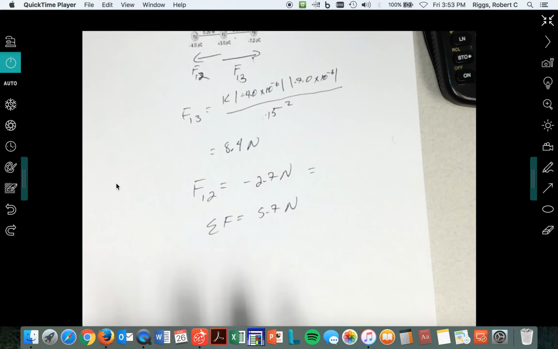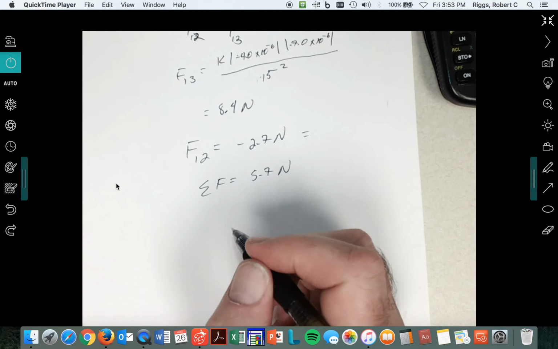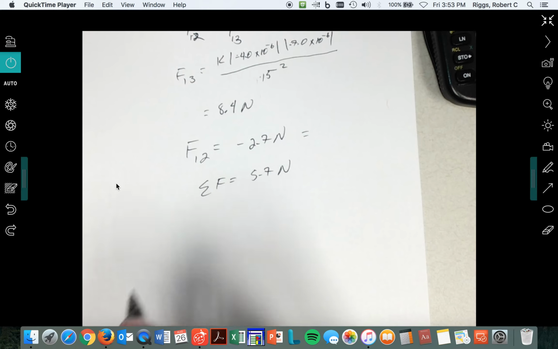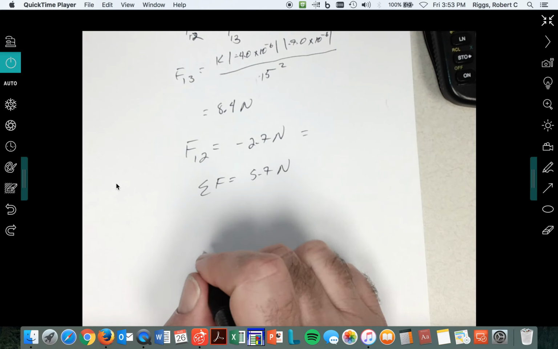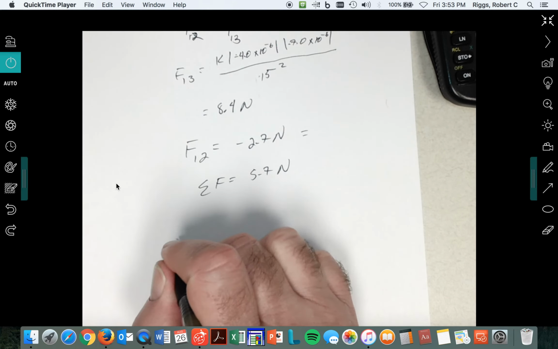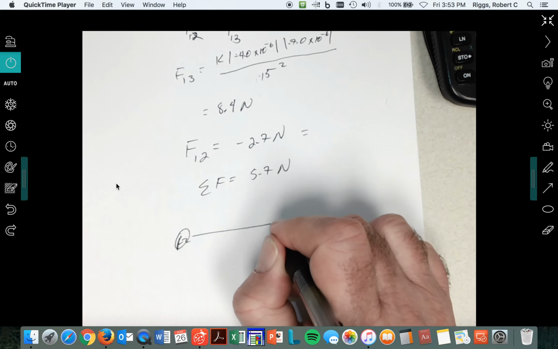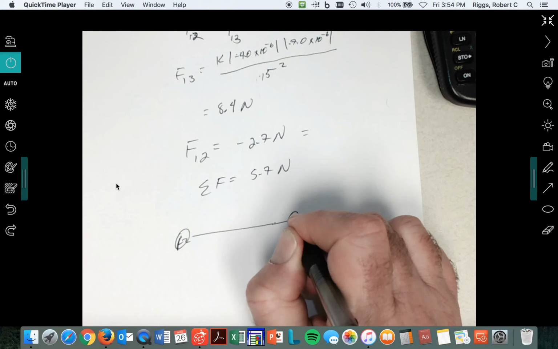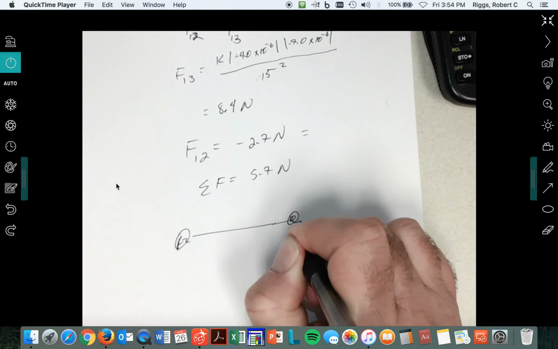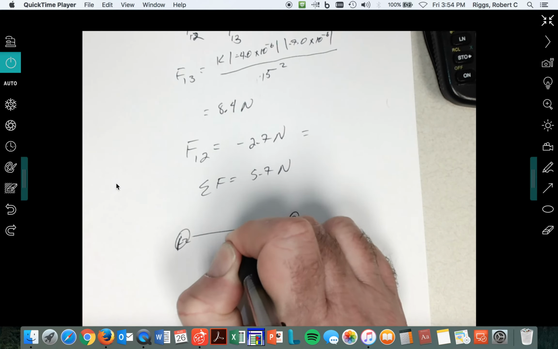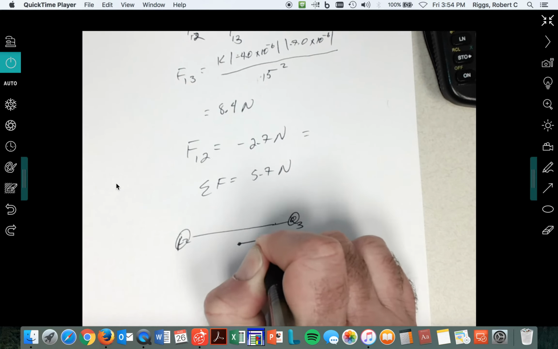And here's the thing. So the sum of the forces. Let's go ahead and put Q2 here, Q3 over here, and say, hey, the force right here at this point is 5.7 newtons.